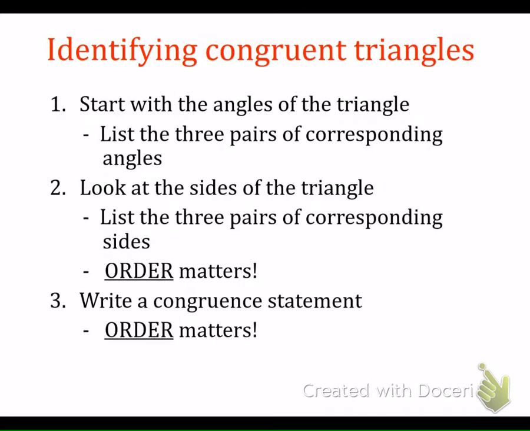This is where the order really, really matters. So when we're writing a congruent statement, in a congruent statement, if it's not in the right order, you will get it completely wrong, okay? That's not really like a partial credit thing here. If the order is wrong, the whole answer is wrong. So we got to be really meticulous when we're writing these congruent statements, okay?